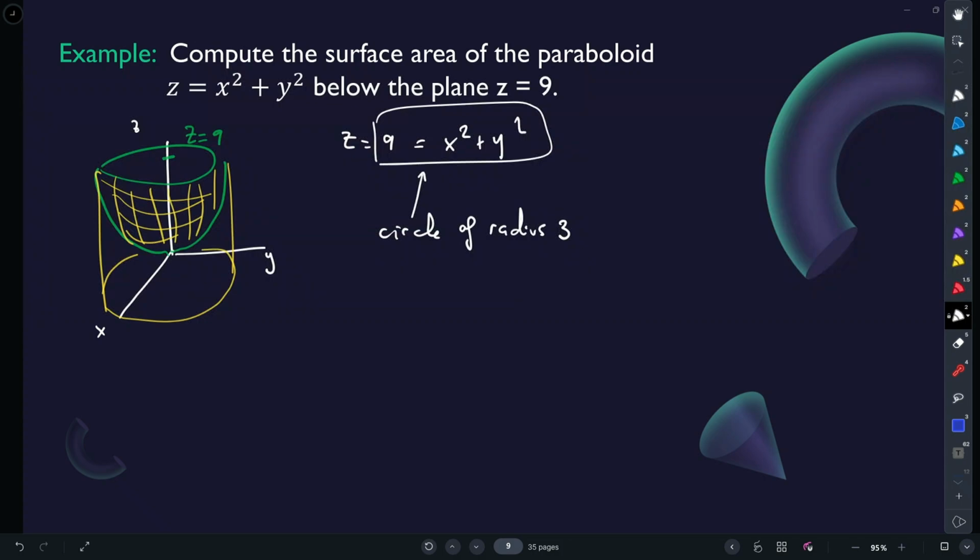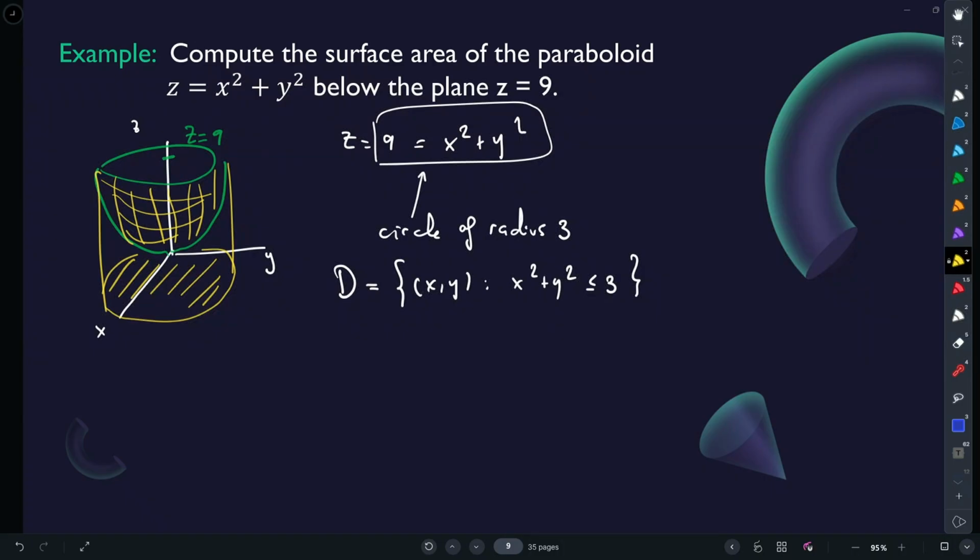So the domain of the parameterization is going to be the x and y's with x squared plus y squared less than or equal to 9. The parameter domain is all the possible values down there.